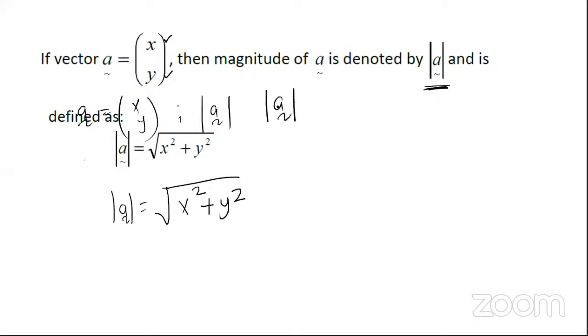So that is the magnitude of A. Now, the formula for you to calculate the magnitude of the vector is the root of X squared plus Y squared. Our X is here and our Y is there. We just square them and put them in the root.